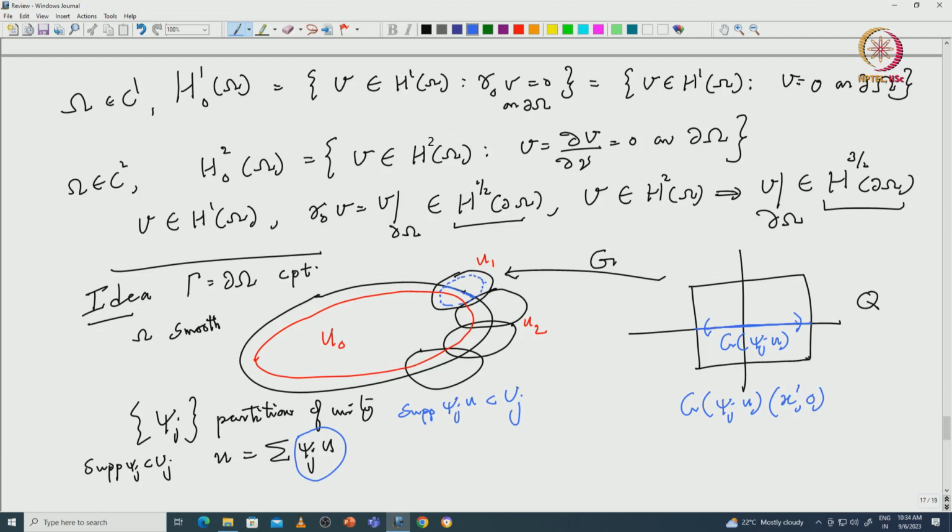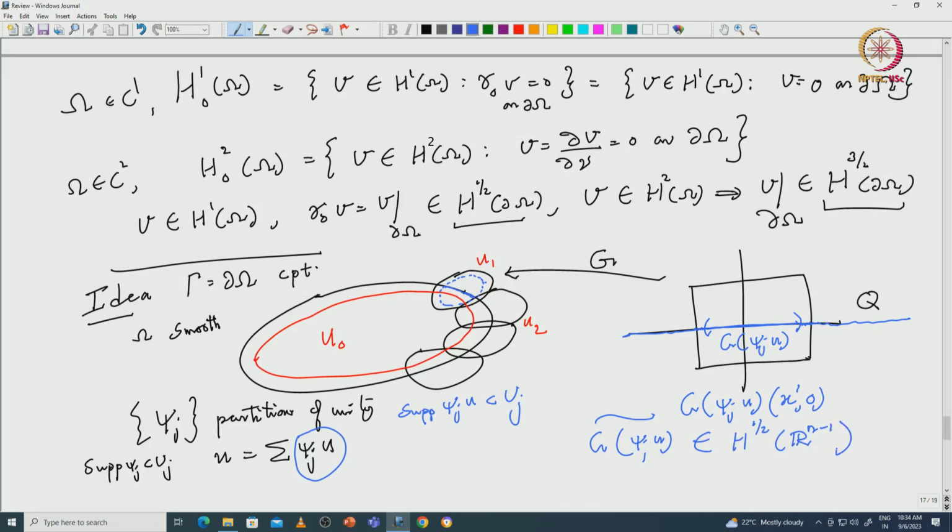and at the boundary it is 0, it is 0 here. Since it is 0 here, you can extend here by 0. So, you see, you can actually define g of psi_j of u tilde. Okay. So, you demand this to be in H^{1/2} of R^{n-1}, you see.